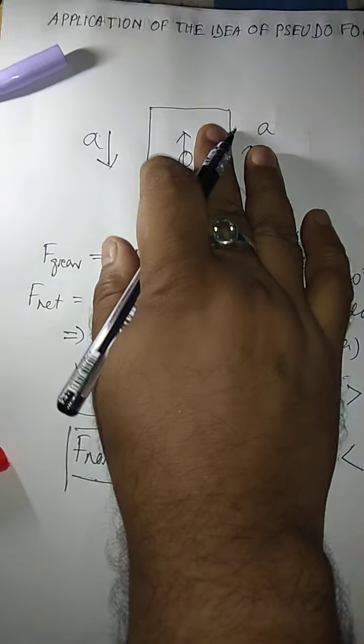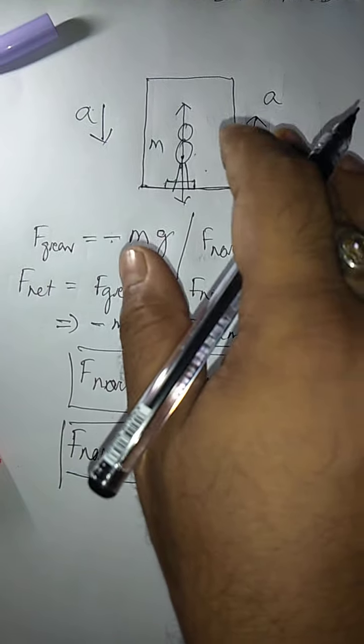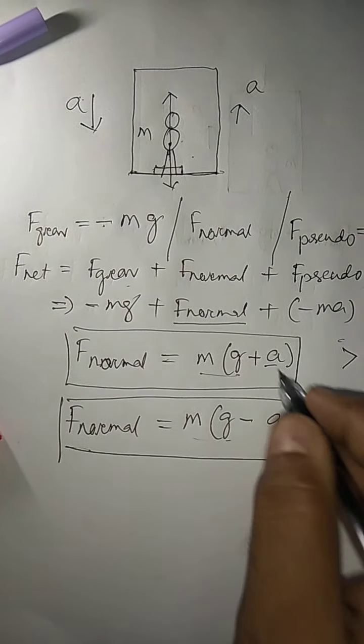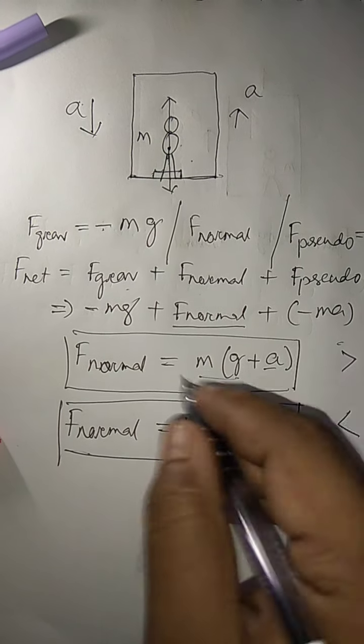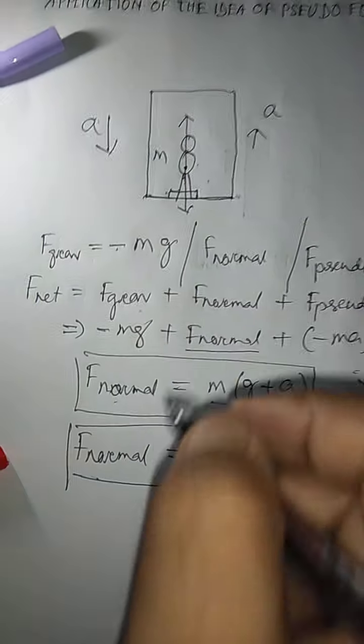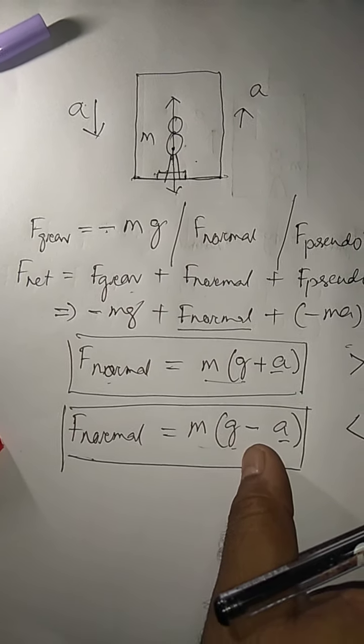If the elevator moves upward or downward with uniform velocity, then this acceleration will be 0, and then the man will see that his apparent weight is equal to his real weight.